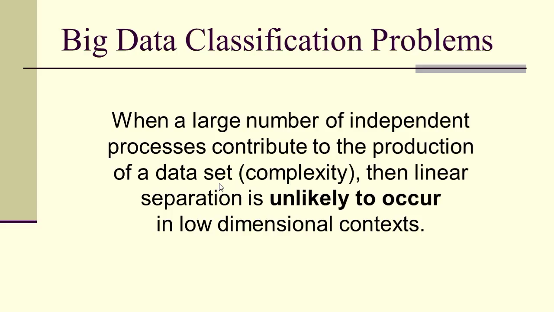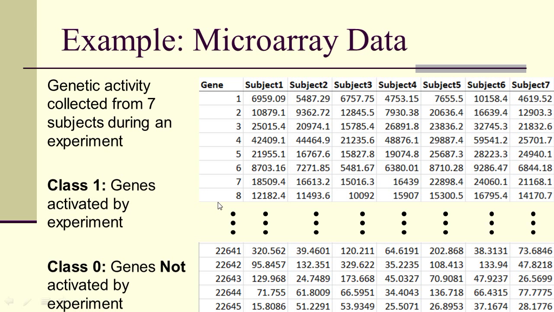Now let's look in terms of big data classification problems. If we have a large number of independent processes contributing to the production of a data set, then linear separation is unlikely to occur in low-dimensional contexts. For example, microarray data, we have 22,000 genes, and some are activated by the experiment in question, some are not.